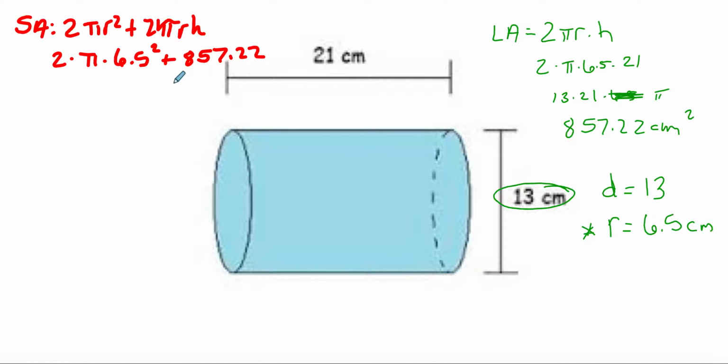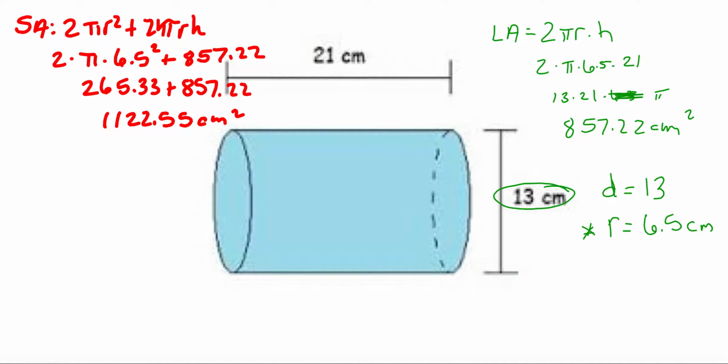Then I'm going to come back and I'm just going to solve this. 6.5 squared times pi times 2 is 265.33 plus 857.22 equals 1,122.55 centimeters squared.